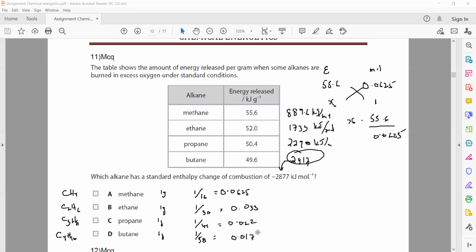I did not use the complete numbers, that's why I'm not getting the exact value. So when we burn 1 mole of butane, it will release this much energy. So D is the right answer. Is it clear? Basically, first we got the moles in 1 gram, and we divided the energy by the number of moles to get the energy release per mole.